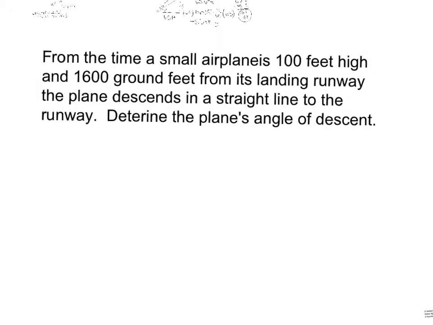Okay, from the time a small airplane is 100 feet high and 1,600 ground feet from its landing runway, the plane descends in a straight line to the runway. Determine the plane's angle of descent. All right, we've got an airplane out here, and we've got a runway that's here somewhere.